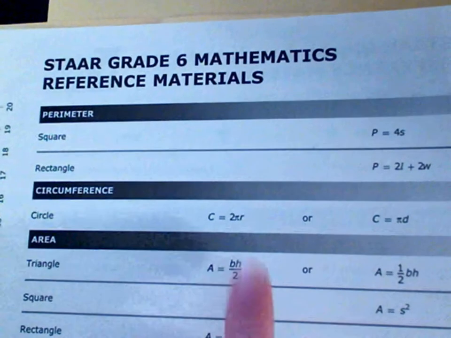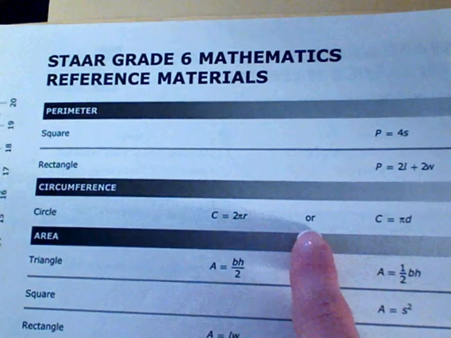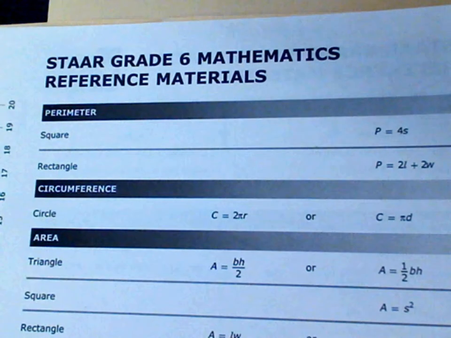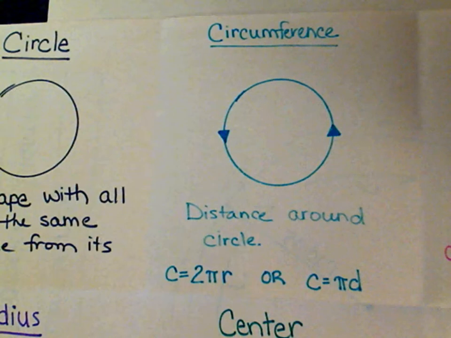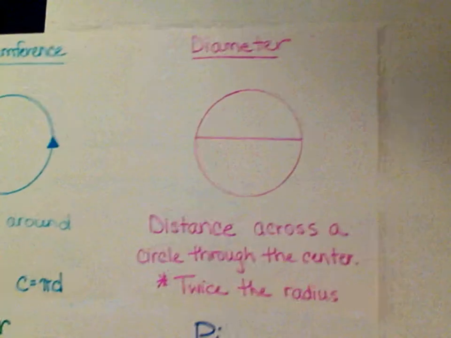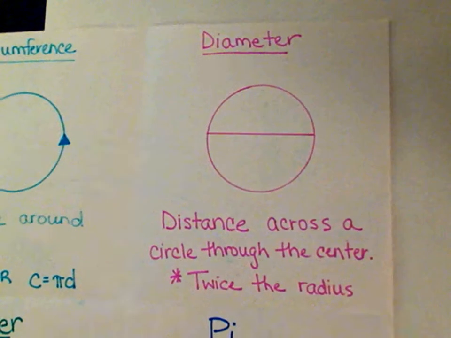We have two listed, and this can be found also on our STAR reference material under the circumference circle. It has our circumference equals 2 pi r, or circumference equals pi diameter, and we will get into the details of those in our next video.